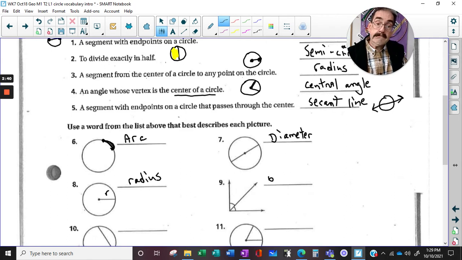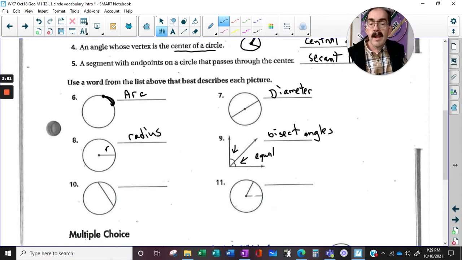Bisect angles. You might have called it something different, but I think that means it's equal to each other. Chord. This one has the vertex at the center, so it's called a central angle.